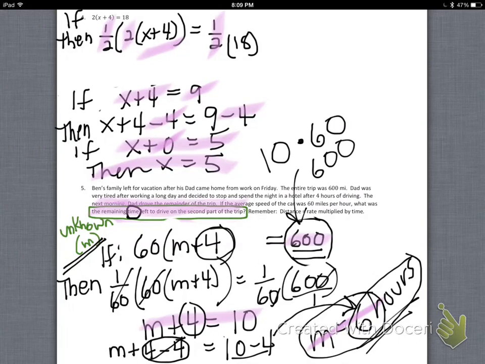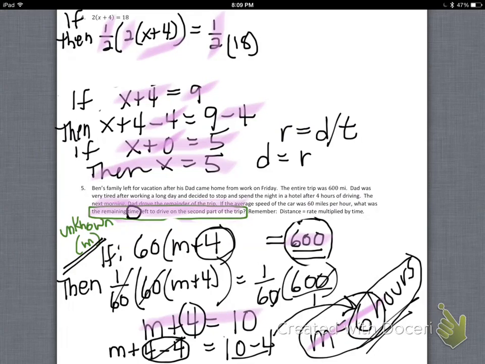Okay, so again, just one more time. Maybe you could write this down. This idea of this speed rate is r equals distance divided by time, or distance equals rate times time, and time equals rate times distance.